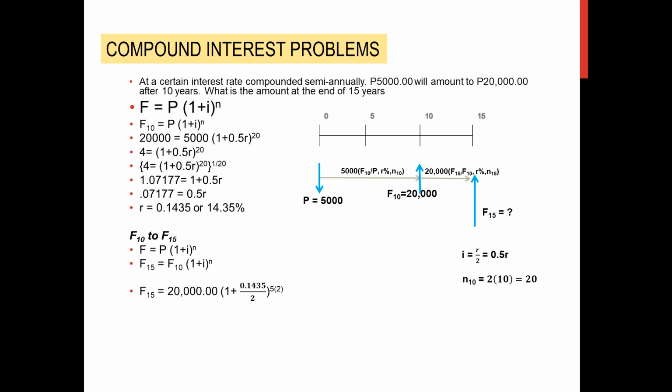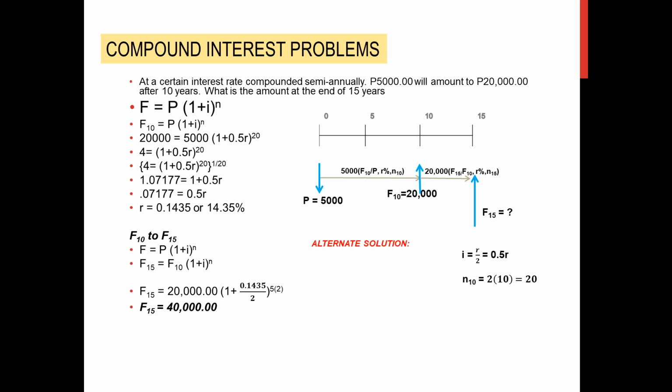So notice here that our n is 5, because the difference between the 10th and the 15th is 5 years. So there will be a 5-year interval on that timeline. And then just the same, we multiply that by 2 because it is occurring twice a year. That is semi-annual. So simply calculate, we get the value of 40,000 pesos. Okay, so that's it for this problem.